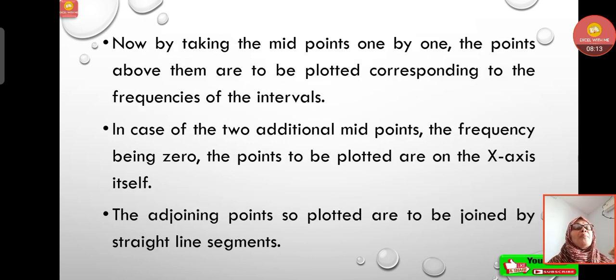Now, by taking the midpoints one by one, the points above them are to be plotted corresponding to the frequencies of the intervals. In case of the two additional midpoints, the frequency being 0, the points to be plotted are on the x-axis itself. Now the adjoining points so plotted are to be joined by straight line segments.